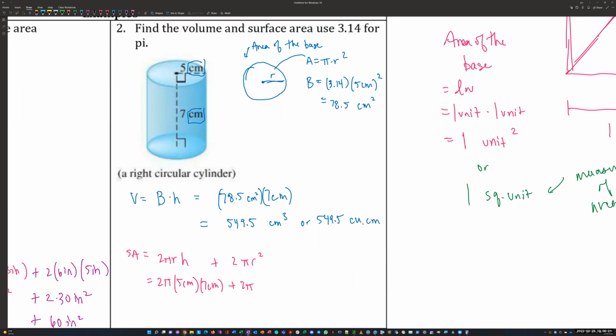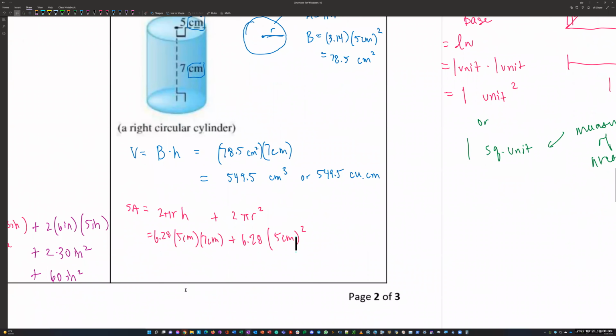They want us to use pi as 3.14, so 2 times that is 6.28. r squared is 5 centimeters squared. Now we just have to type this in our calculator. Does that make sense?